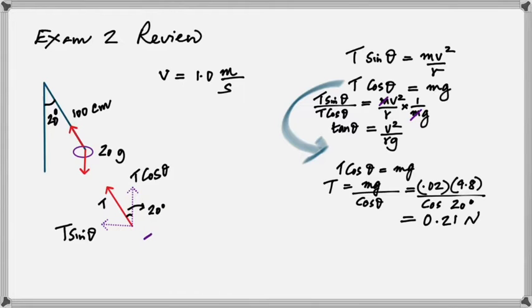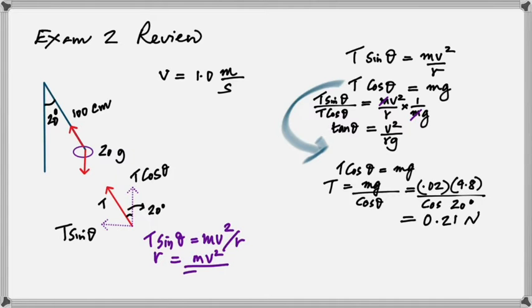That's understandable. Now, what if you're also asked to find the radius of that circular path? We can do that from equation 1. If you're asked to find the radius, you can go with T sine theta is mass times velocity squared by radius, and make r the subject by cross multiplying.